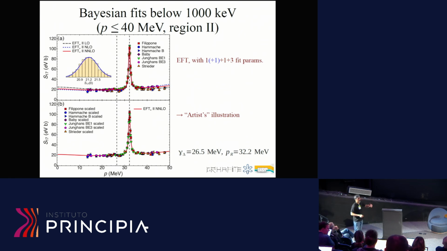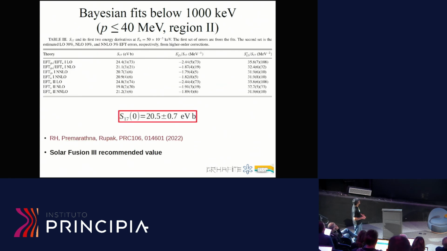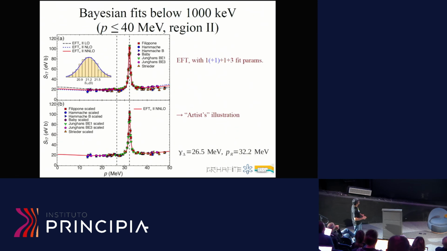And once you put all the normalization factors to the same scale, the figure looks like this. Let's see where I'm going. Okay, so you see all of the experiments falling in the same trend. This is an artistic illustration, because it's not that all experiments agree with each other. It's just that they differ in the normalization of the cross section.